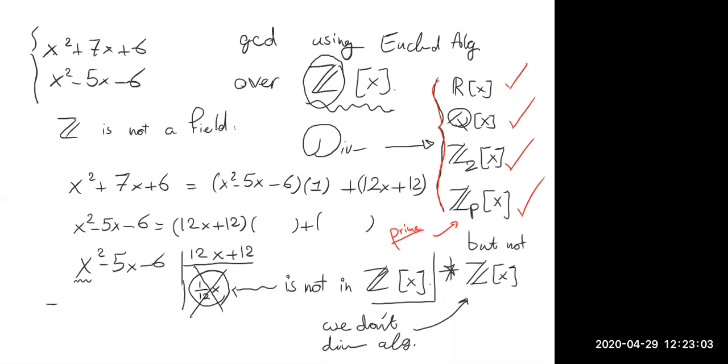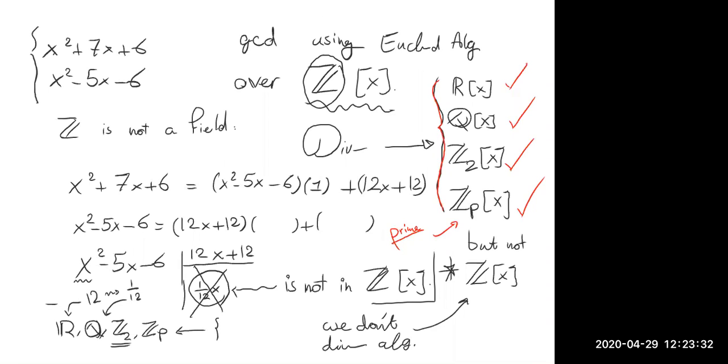The important thing here is that if you look at R, Q, Z2, or Zp, any non-zero element is invertible. So here, look at 12. The inverse of 12 is 1 over 12, also in Q. Or in Z2, we only have 0 and 1, and non-zero element means 1, and 1 is invertible.